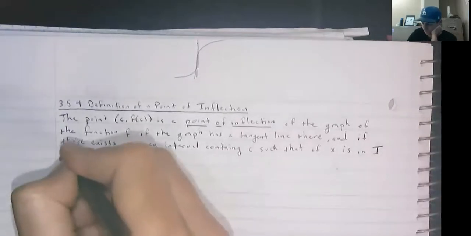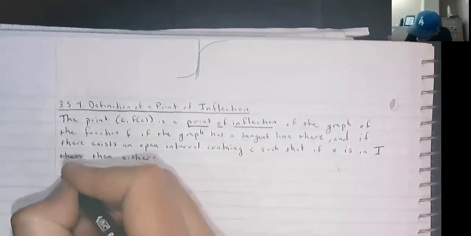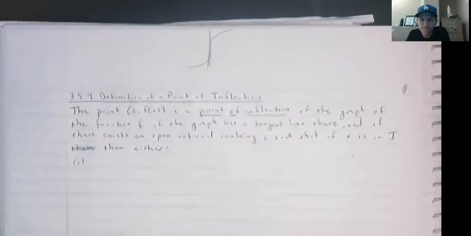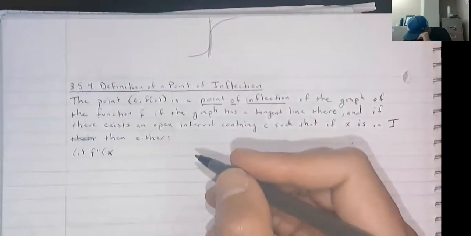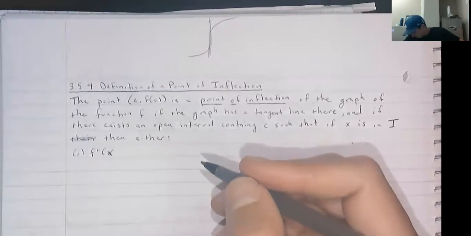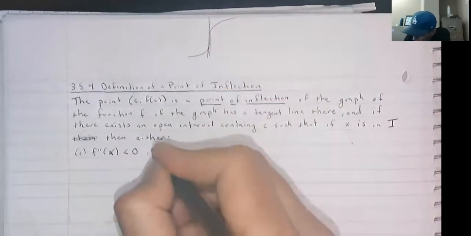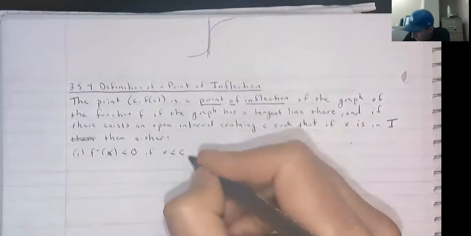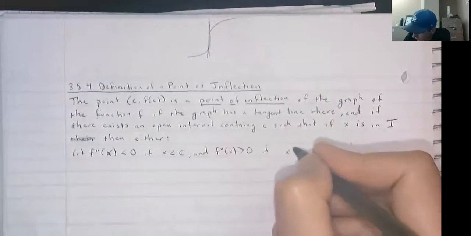Then either one of two things is true. Either f double prime of x is less than 0 if x is less than c, and f double prime of x is greater than 0 if x is greater than c.